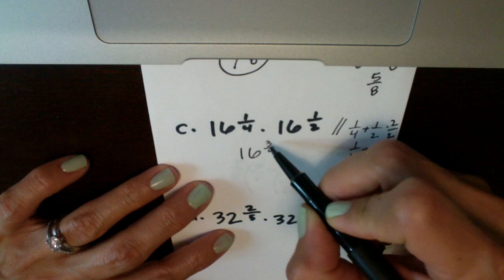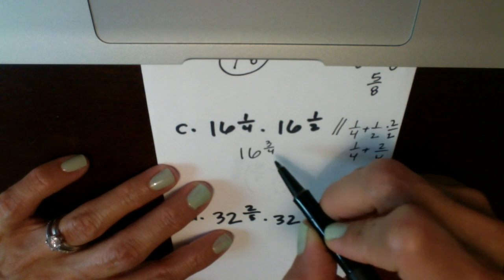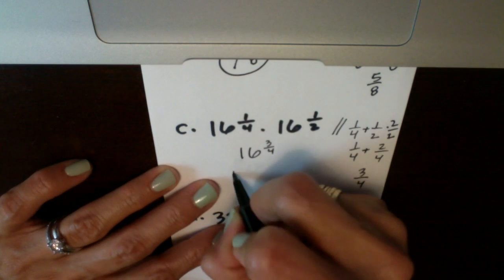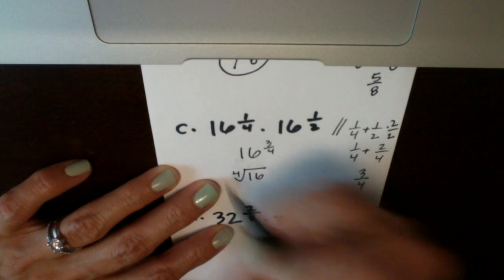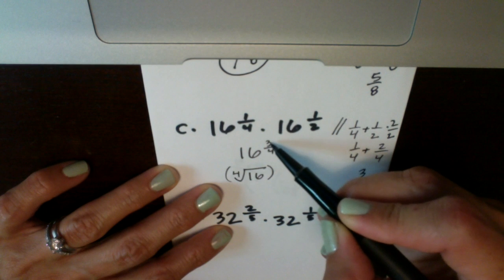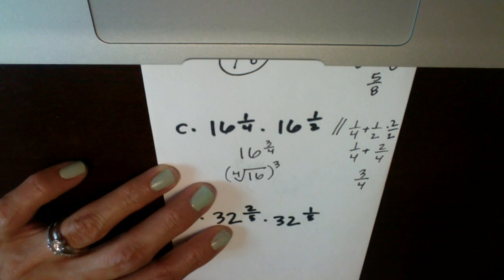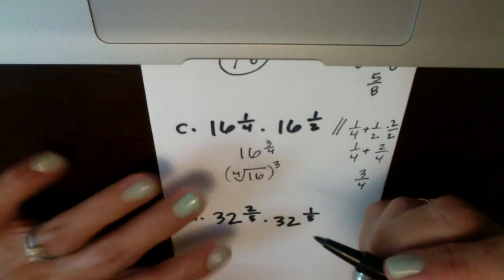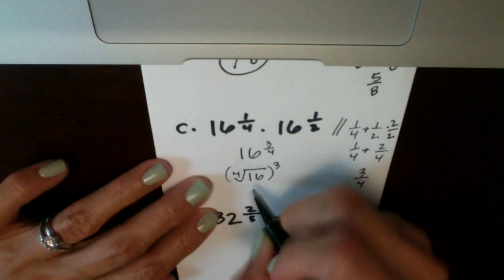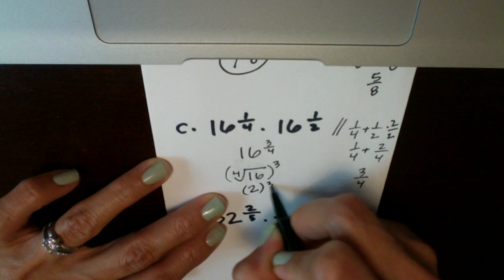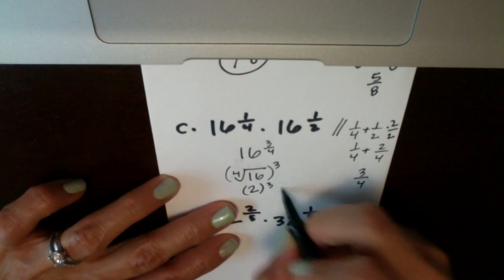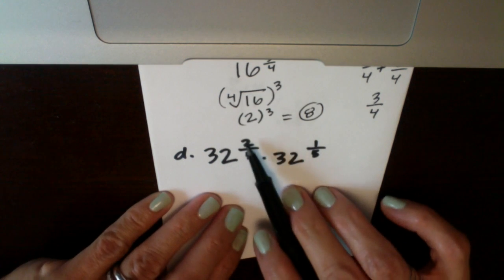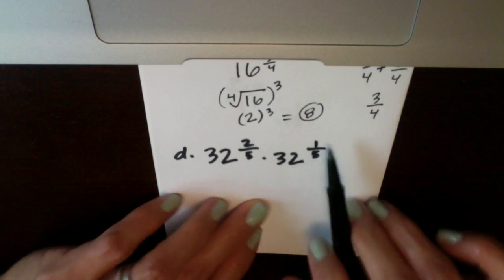Like the fraction 3/4, 4 is on the bottom of the fraction, so that represents the root. So it's the 4th root of 16, and then that 3 you bring up as an exponent. You ask yourself what times what times what times what is 16, which is 2, but you're still going to cube that answer, so your final answer is 8.